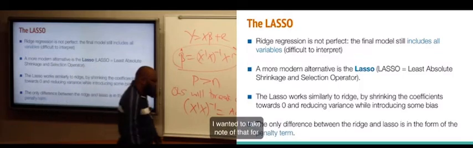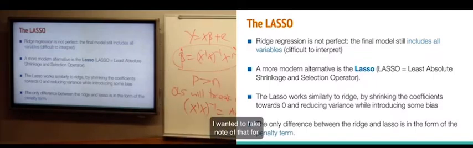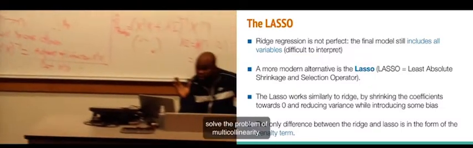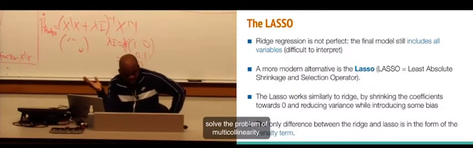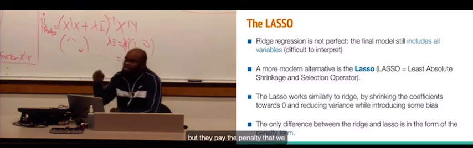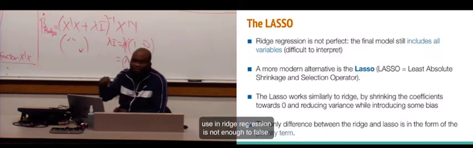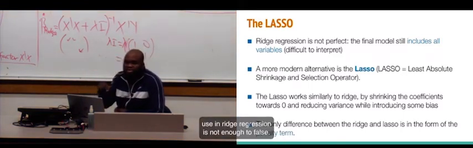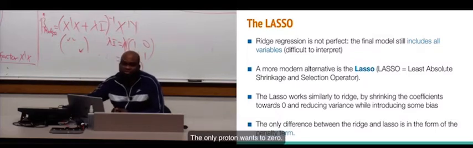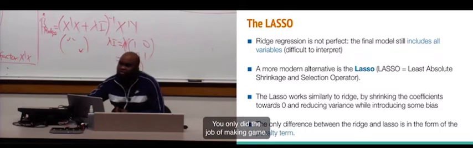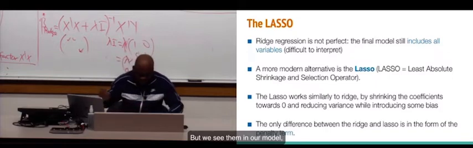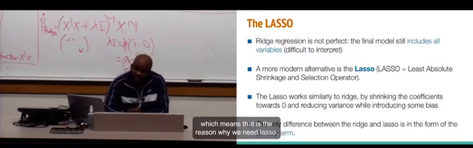Let me also note that ridge regression helps us solve the problem of multicollinearity. But the penalty we use in ridge regression is not enough to force the unimportant ones to 0. It only did the job of making them not significant, but we still have them in our model, and that is the reason why we need LASSO.